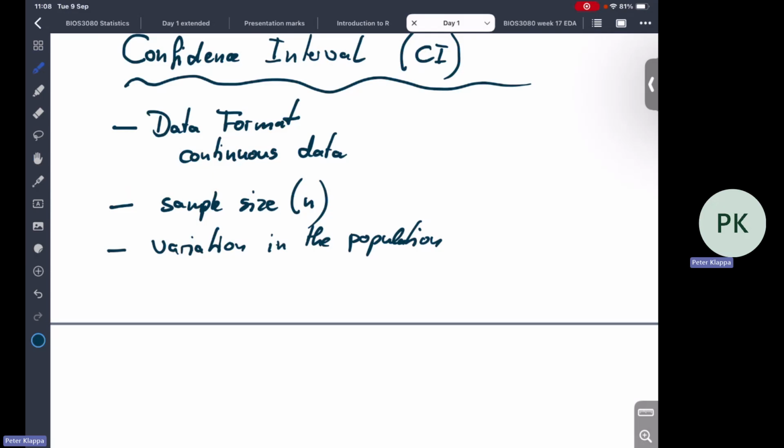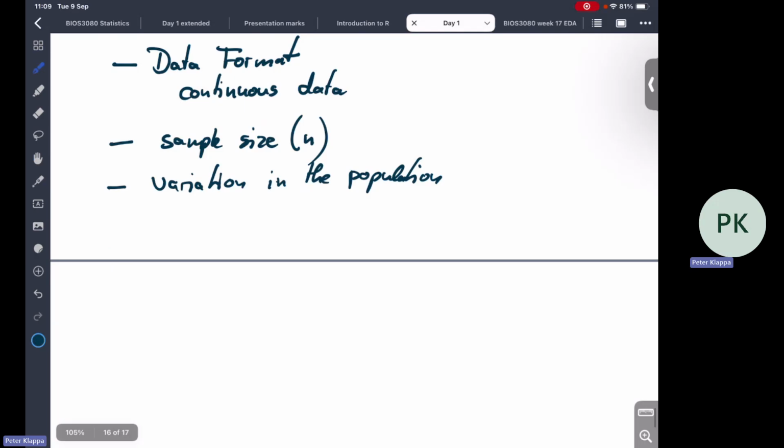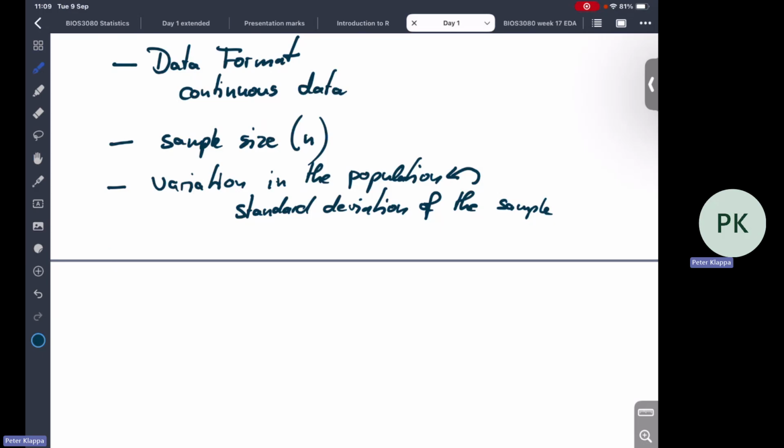So what is a measure of variability? What did we say yesterday? What did we call it? Variance or standard deviation. So what we do is, bless you, we use the standard deviation of the sample to make an educated guess about the variability in the population.